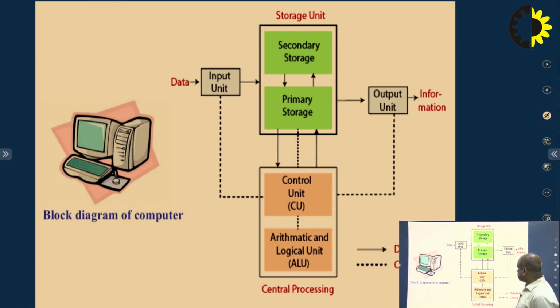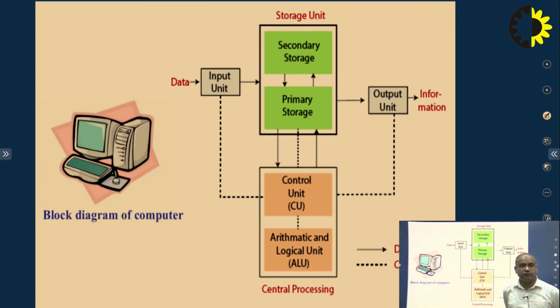And this part is known as the central processing unit, which consists of two things: the control unit and the ALU, arithmetic and logical unit. Basically, this is the brain of the computer. That is our storage unit.